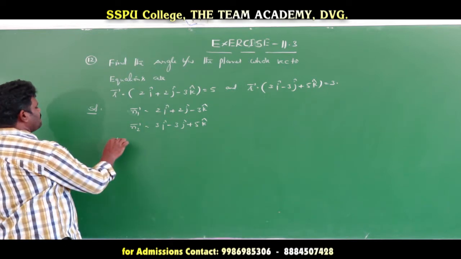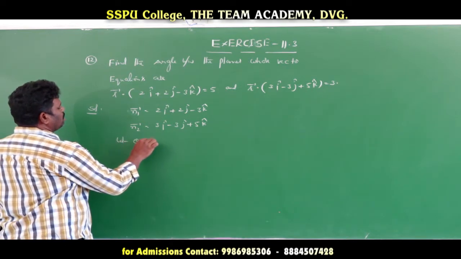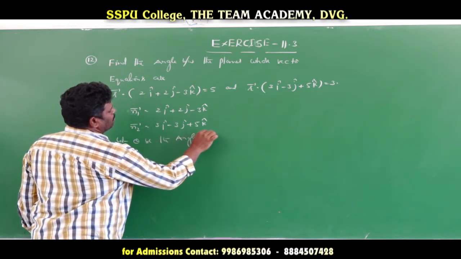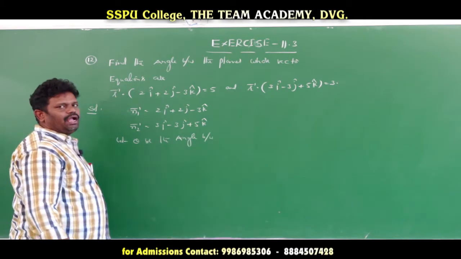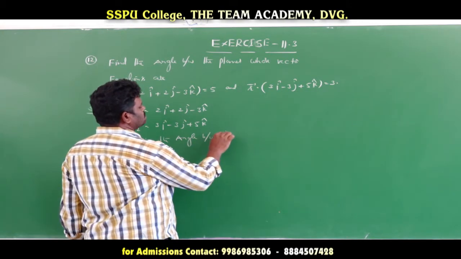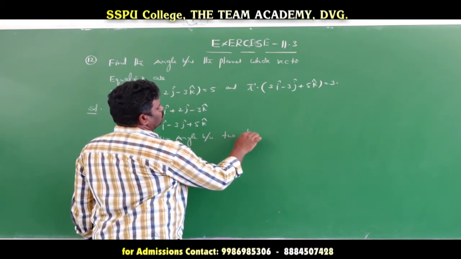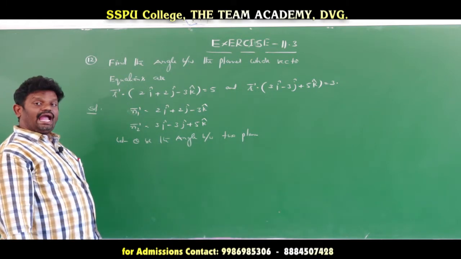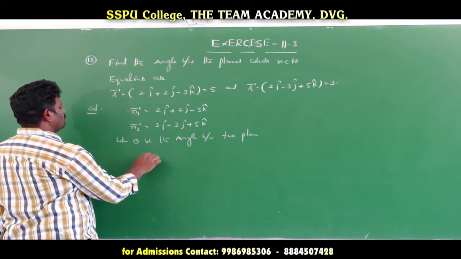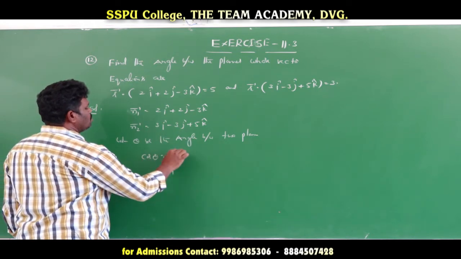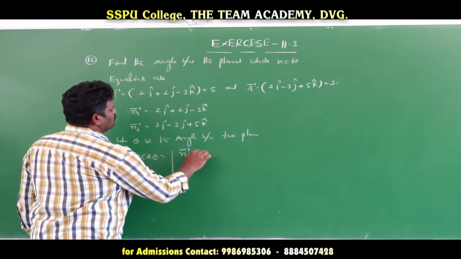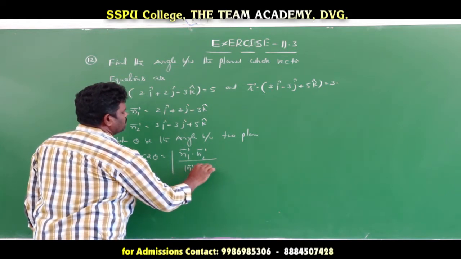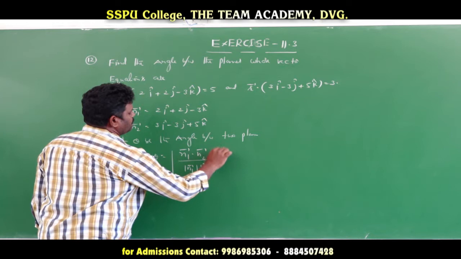Now let theta be the angle between the two planes. Already we know theta is an acute angle. So using the formula, cos theta is equal to n1 bar dot n2 bar by magnitude of n1 into magnitude of n2.